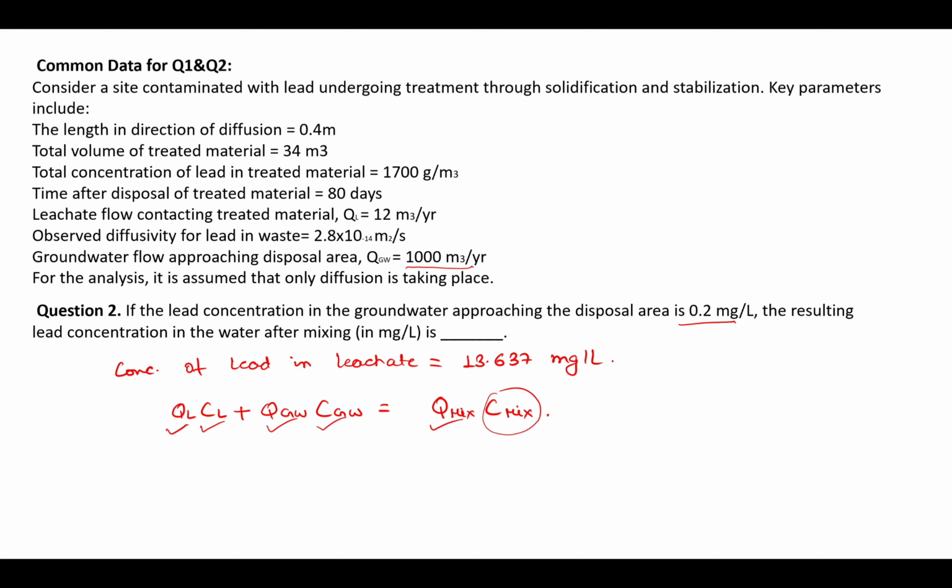Here we do not need to do any conversion of units, because if QL is in meter cube per year on the left hand side, then it should also be in meter cube per year on the right hand side. So without any conversion, we can easily find the concentration of the lead in the mixing water. I will give you 2 to 3 minutes. Please do the calculation and write the value which you are getting.